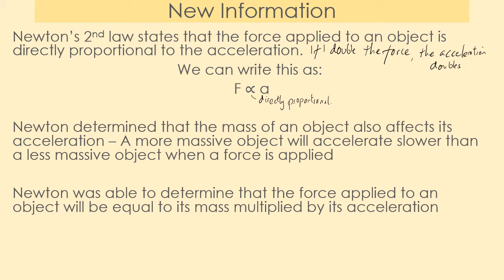And through a bit of maths and some experimentation, he was able to determine that the force applied to an object will be equal to its mass multiplied by its acceleration. And we say that as F = ma.